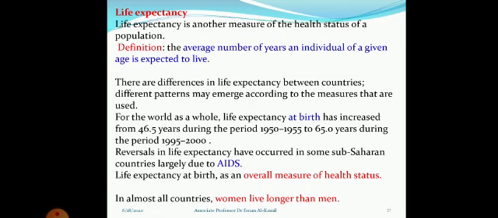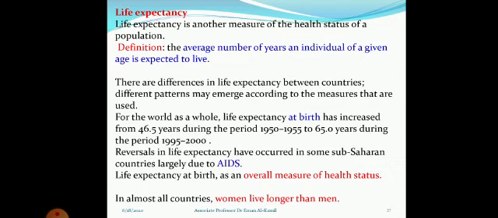There is a wide range of difference in the life expectancy in the previous years compared to now. Previously, for example, it was 45.6 years during the 50s. Now in some countries it has reached up to 65 years, and between the 90s and 2000 it increased to the 80s.